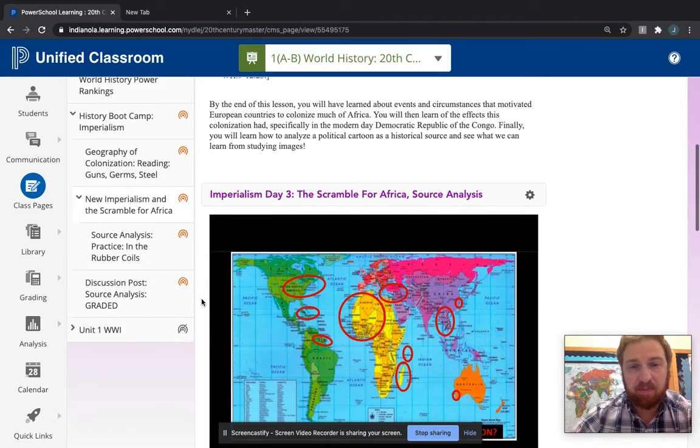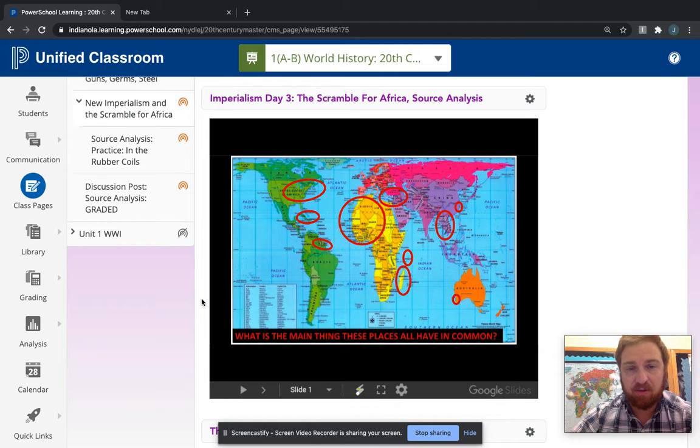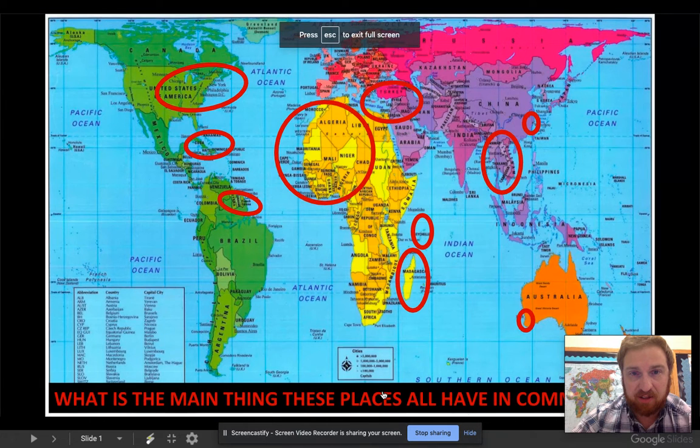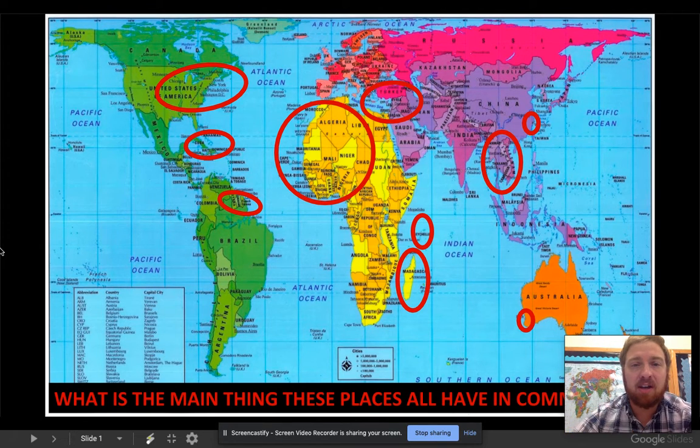So to direct you on where you need to go, I'm going to start off with the PowerPoint. So I'm going to go ahead and make this larger. In the PowerPoint, we started class today with a global map, and we brainstormed some ideas of these things, all these circled areas, something they may have in common.